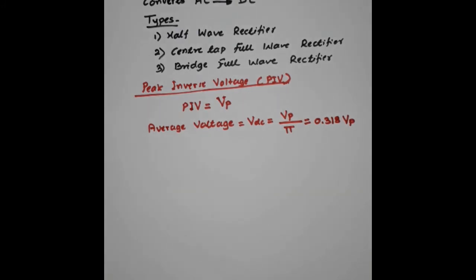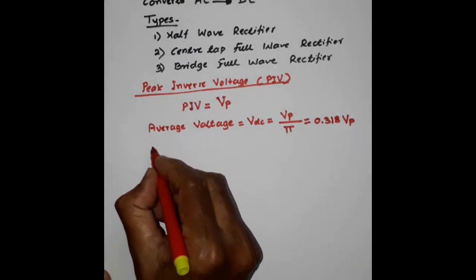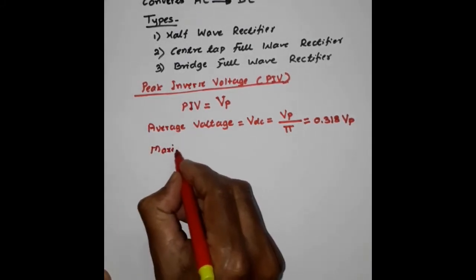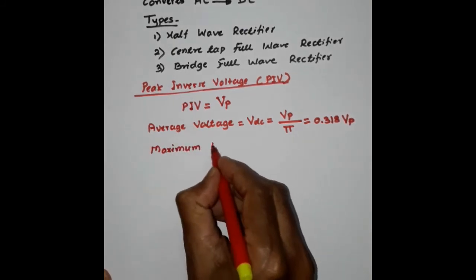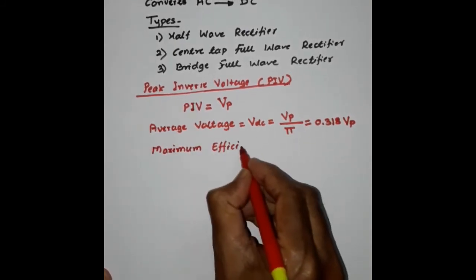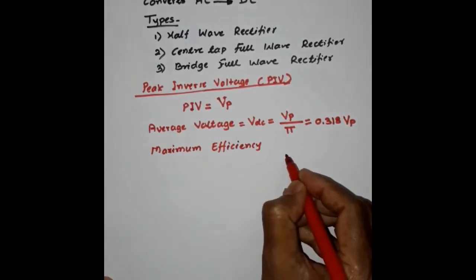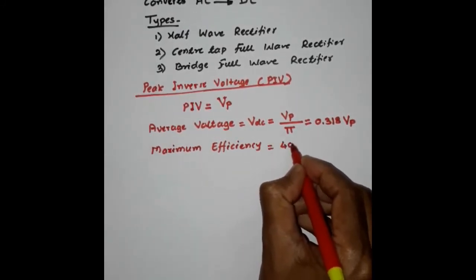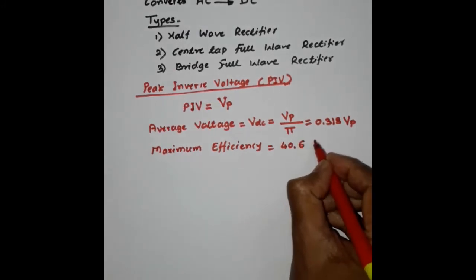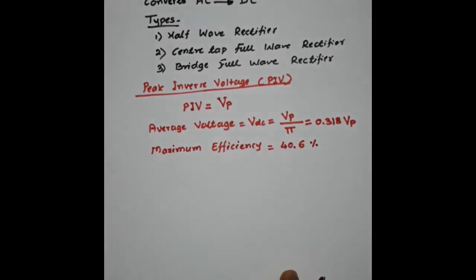Also, maximum efficiency in case of half wave rectifier is equal to 40.6%. So this is about some important things related with the half wave rectifier: peak inverse voltage, average voltage and maximum efficiency.